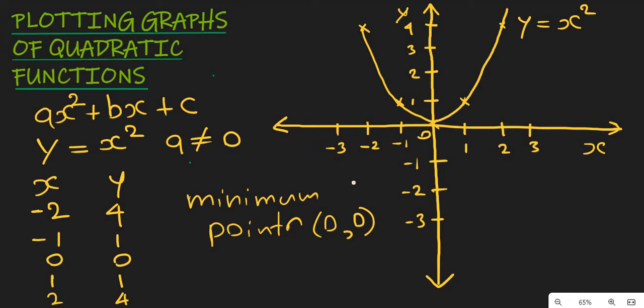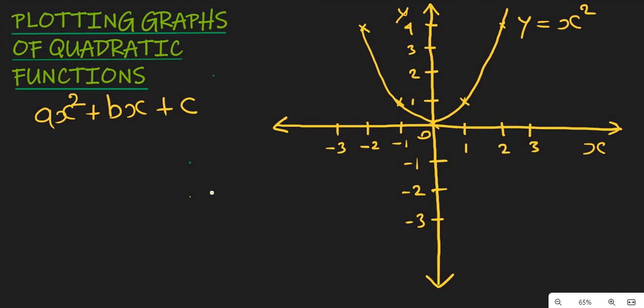Let's consider another example. Now I consider the function y equals minus x squared, where a is less than 0. Let's see what changes we can see when we plot it on a Cartesian plane. Let's take some values for x and evaluate what we get for y.